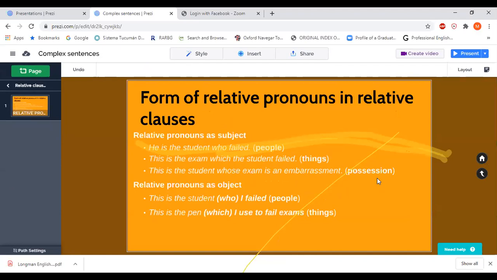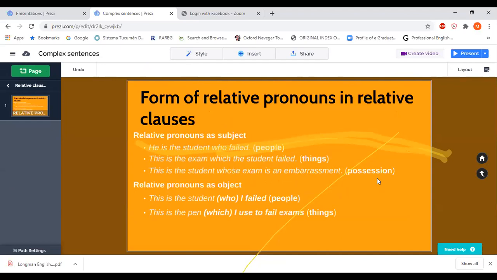Relative pronouns can function as the subject of the clause. Remember that we're talking about clauses, okay? And clauses are grammar structures that contain a subject and at least a finite verb. So within that analysis, we can say that sometimes these relative pronouns are subjects. Take a look at the first example.